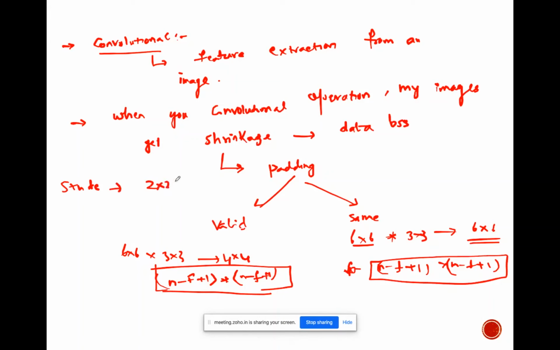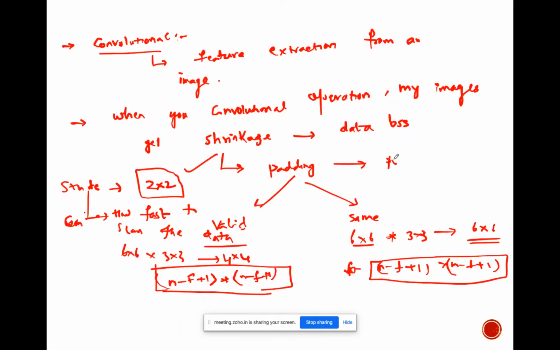And stride, say of a 2 by 2 matrix, will give you how fast we can scan the data. Again we have something called pooling to downsample the data.